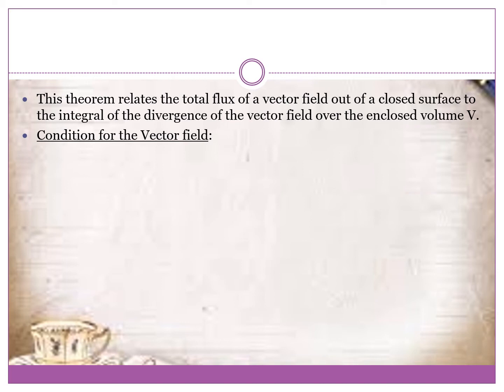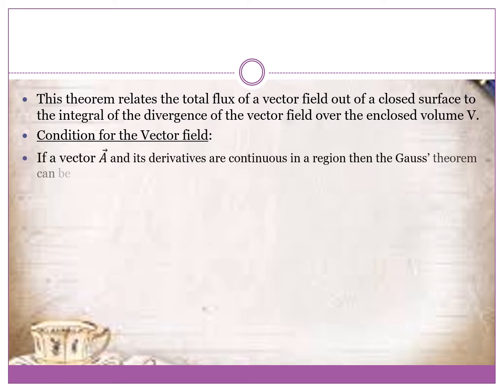Can every vector field satisfy this theorem? The answer is no. So what are the necessary conditions for the vector field to satisfy Gauss divergence theorem? If a vector A and its derivatives are continuous in a region, then the Gauss theorem can be applicable.